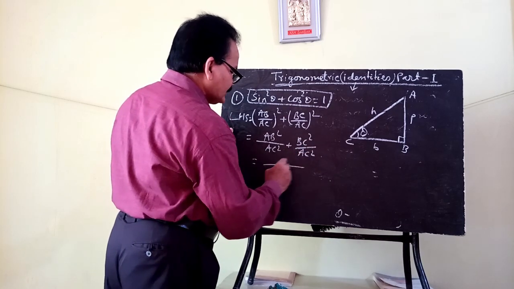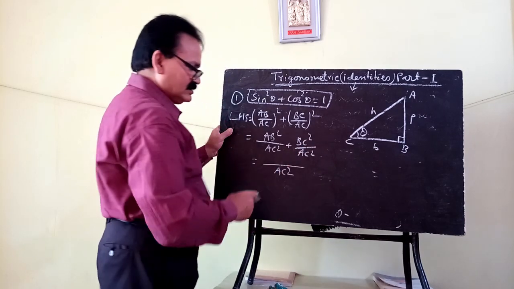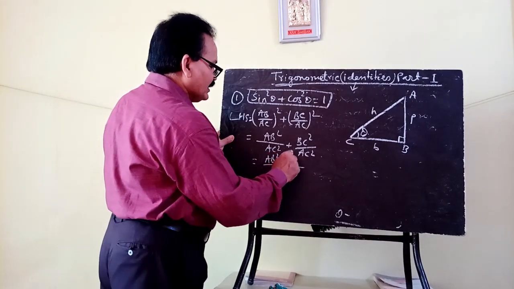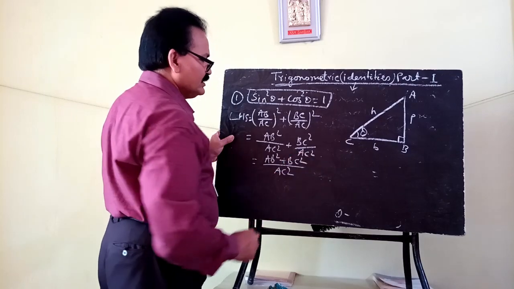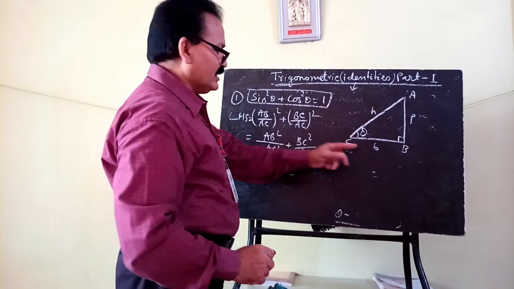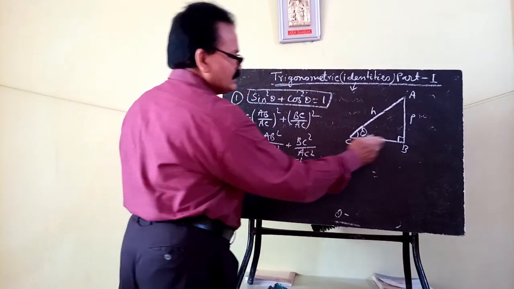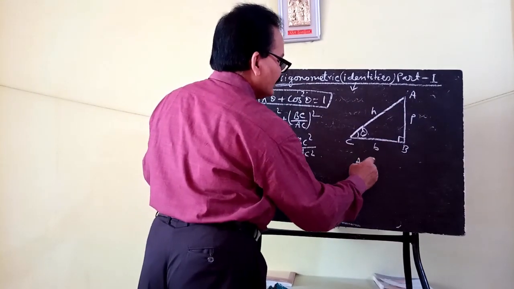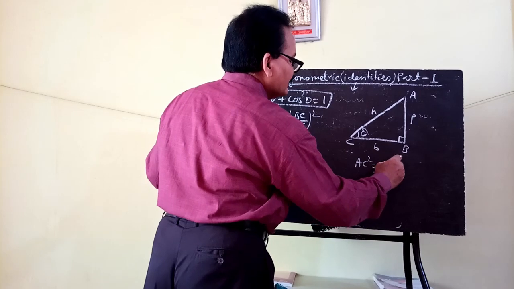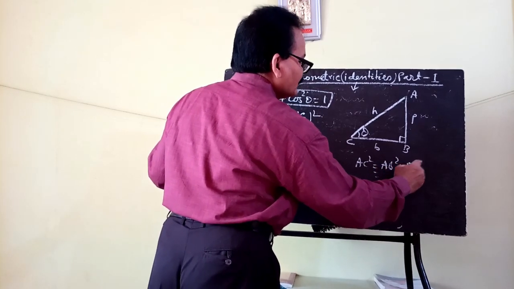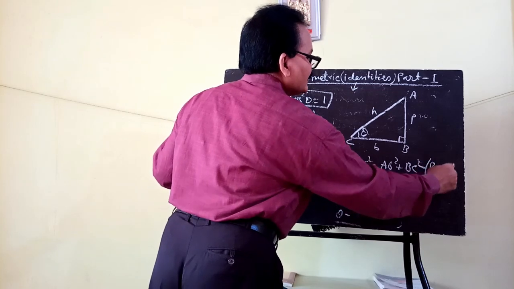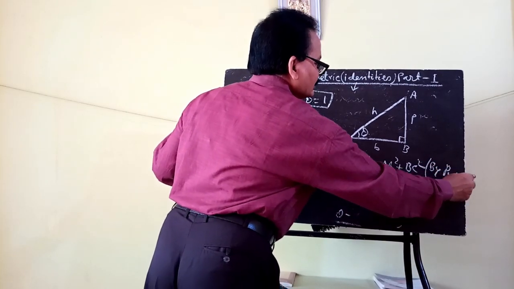Take AC square as your LCM. So this will be again AB square plus BC square. And if you see in the figure, AB square plus BC square is AC square. Here AC square equal to AB square plus BC square, by Pythagoras theorem.